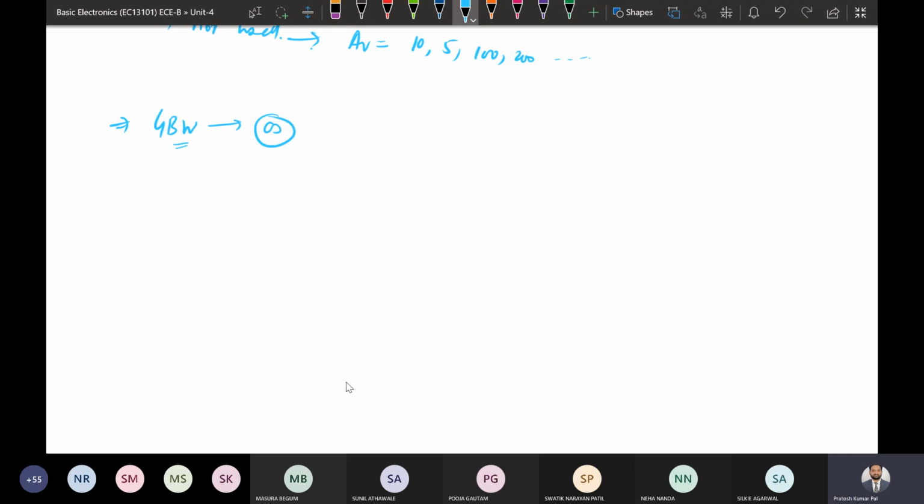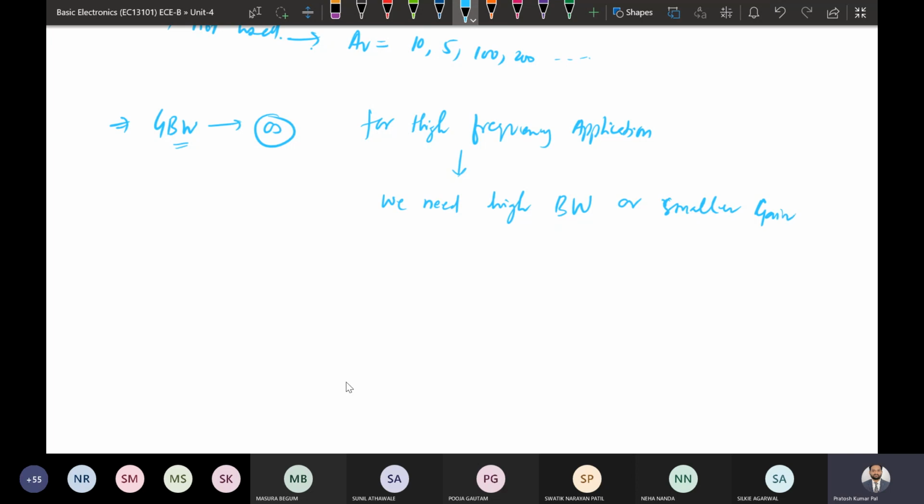So to operate these operational amplifiers for high frequency applications, we need high bandwidth or a smaller gain.